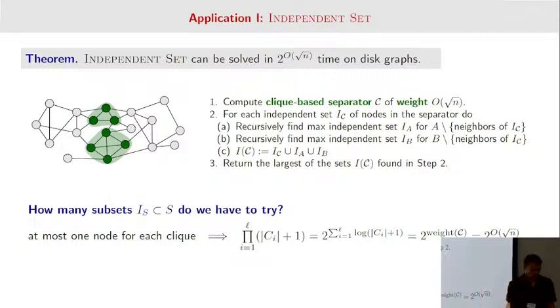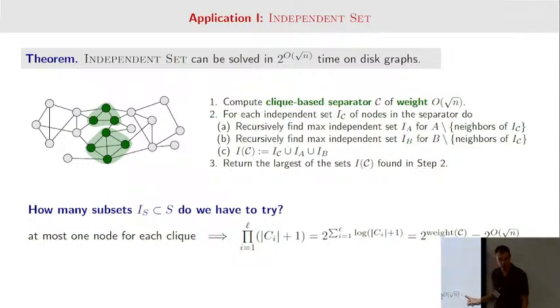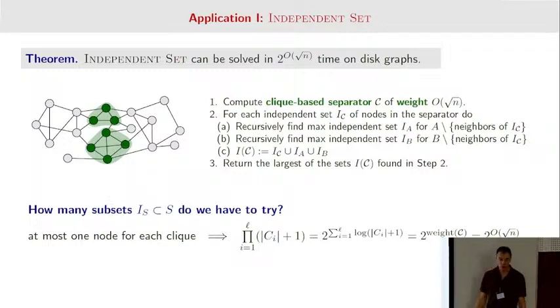If you have square root of n cliques, obviously the weight cannot be more than square root of n times log n, because each clique has at most size n, and then you would get 2 to the square root of n log n. But for these sub-exponential algorithms, the goal is also to try to get rid of these logs. So here it nicely sums to 2 to the square root of n, which is optimal.